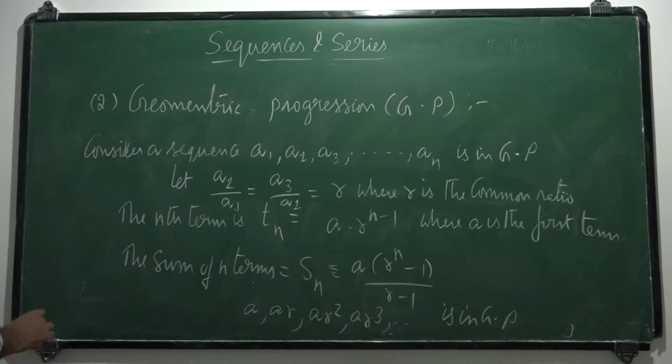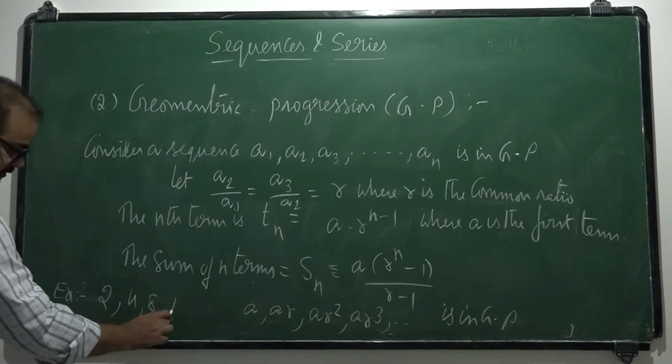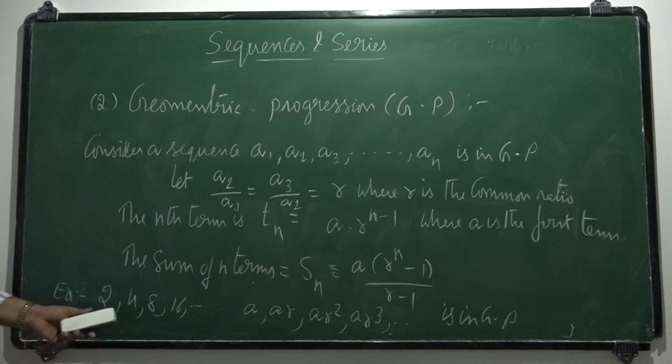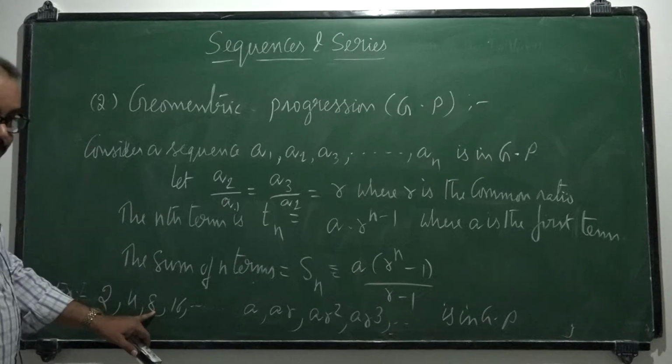We take one more example. 2, 4, 8, 16, so on. This is in geometric progression. How can we say? You take the common ratio, 4 by 2, 2, 8 by 4, 2, 16 by 8, 2.